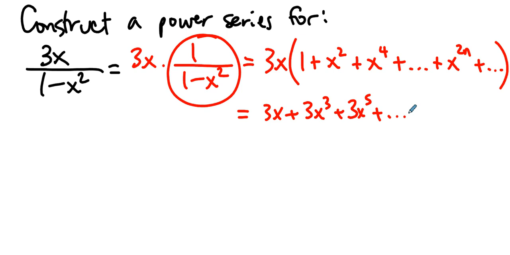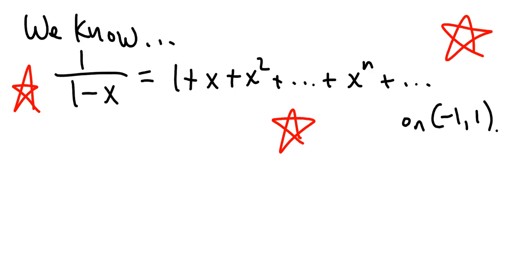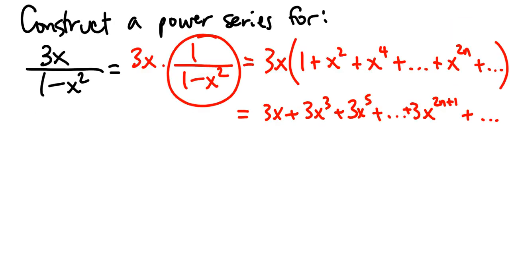What's the generic term? There's a 3 times x to the 2n plus 1. There's a plus there, and so on. Well, if this is only true from negative 1 to 1, this won't be true beyond that. X squared has to be between negative 1 and 1, and it is.